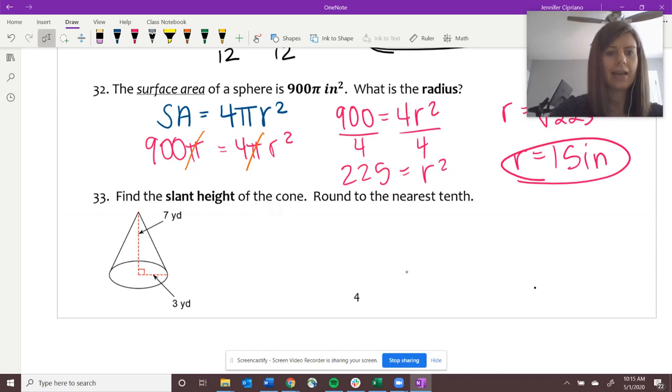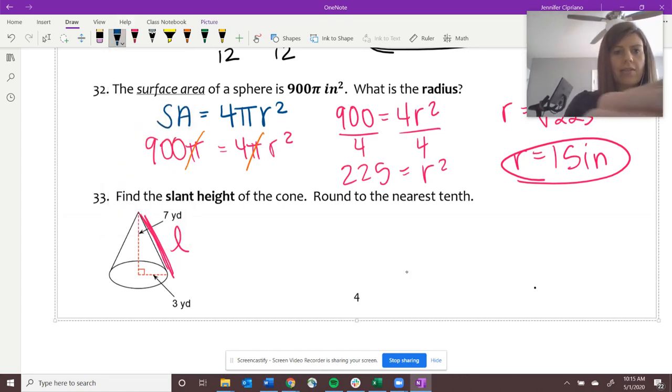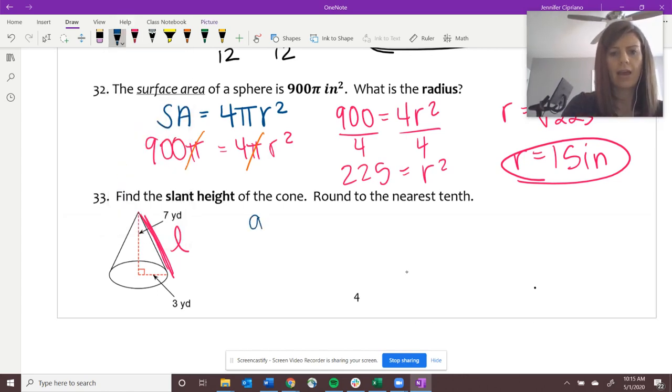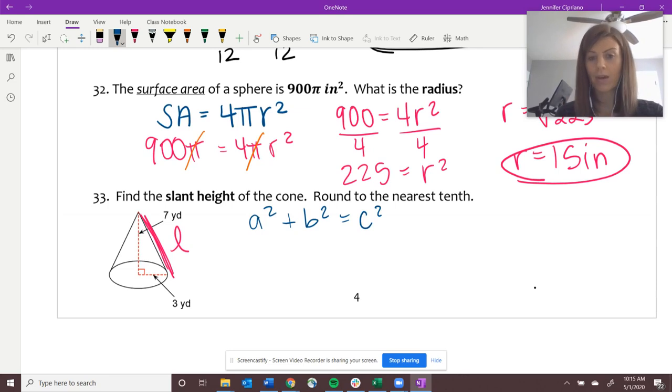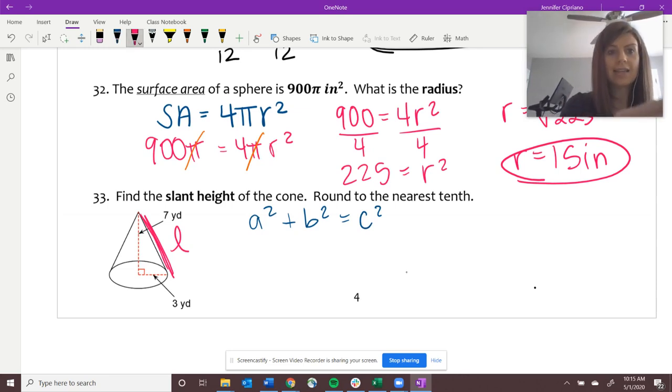The slant height here, I'm going to use that cursive L like the formulas use, is the hypotenuse of that right triangle. Remember that the Pythagorean theorem is a squared plus b squared equals c squared, where c is always the hypotenuse. So c is actually going to be our slant height.